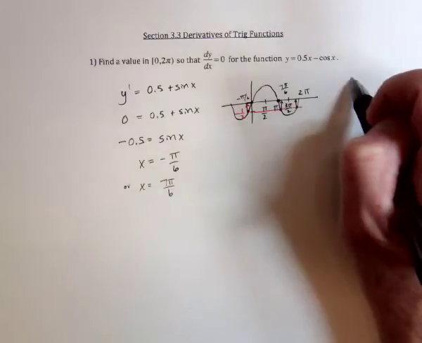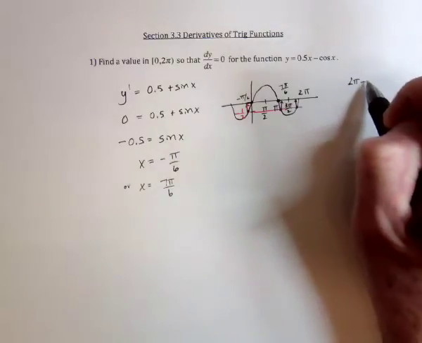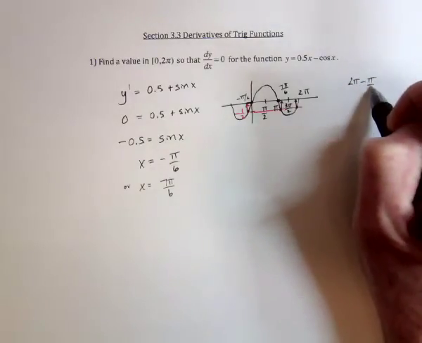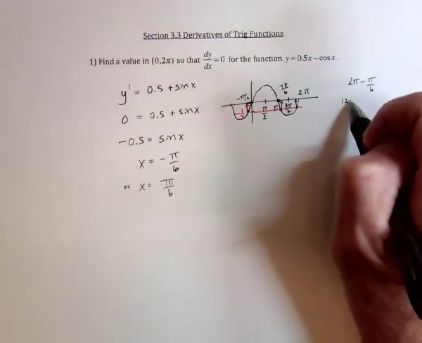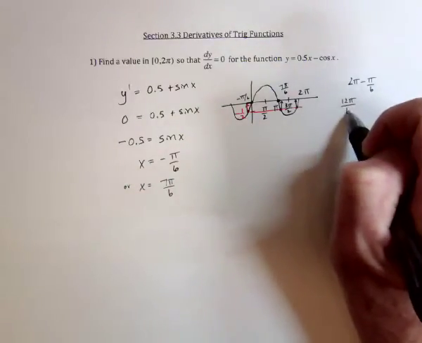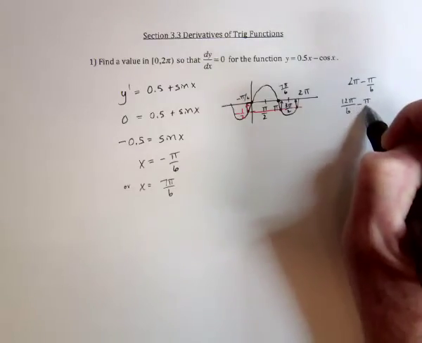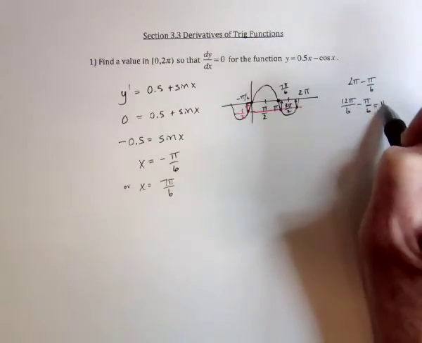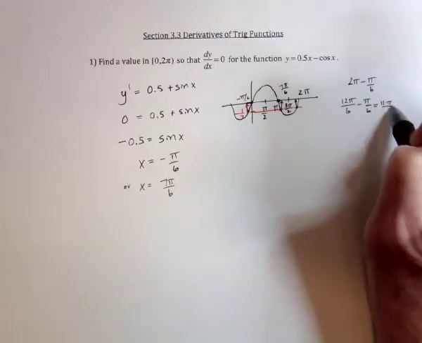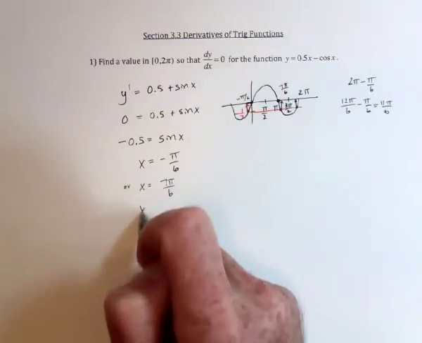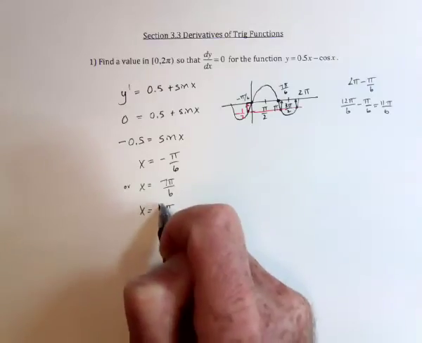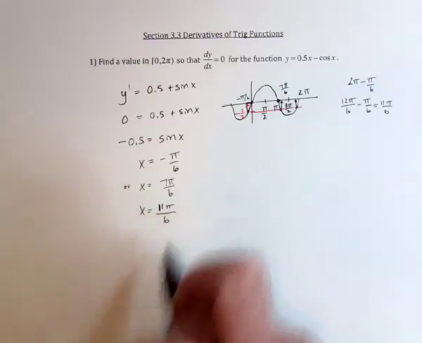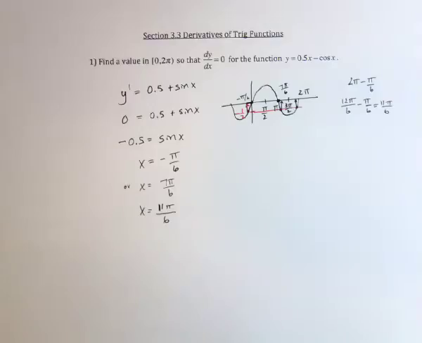So if you took 2 pi minus a pi over 6, that would be 12 pi over 6 minus a pi over 6 is 11 pi over 6. And that should do it.